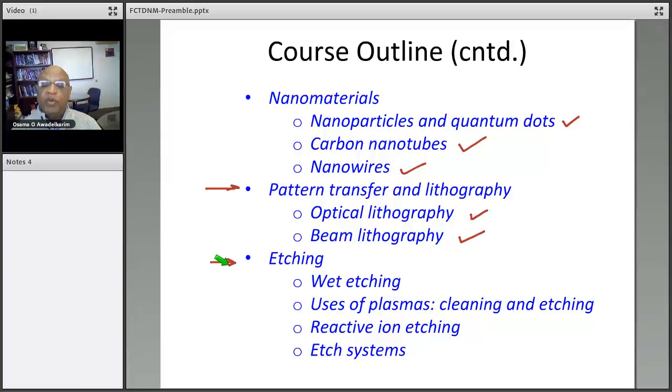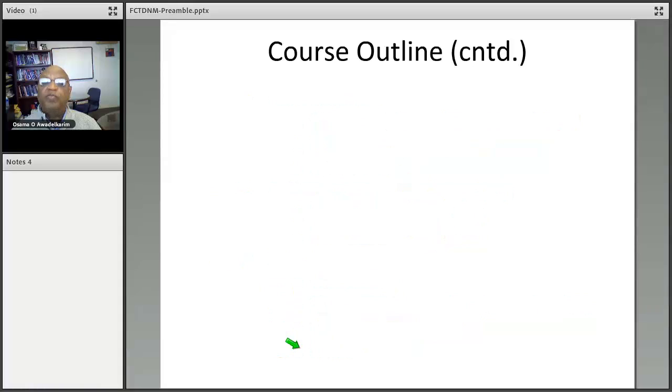And in etching, we will look at wet etching, and then we'll look at plasma uses in etching and in cleaning, and we'll also look at reactive ion etching. And then we will conclude by covering etch systems, briefly discuss the etch systems that are involved.